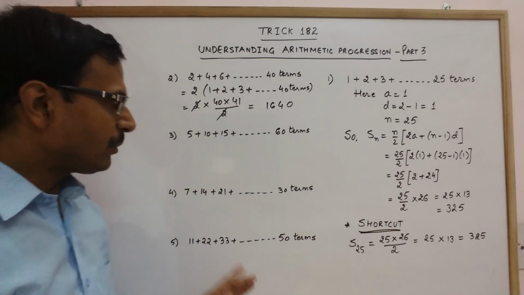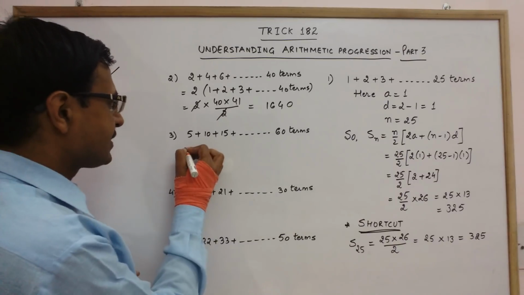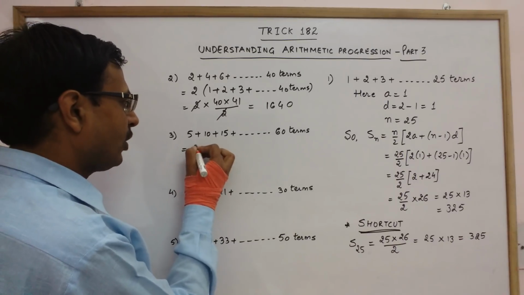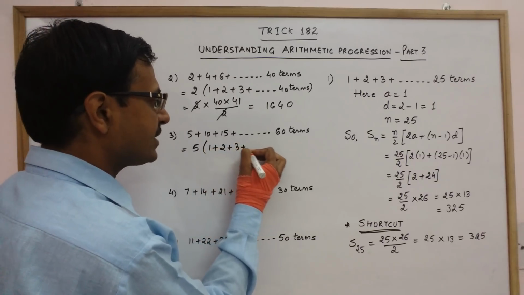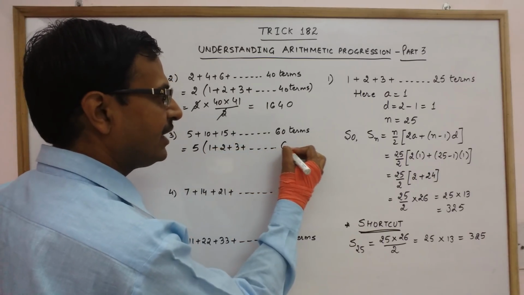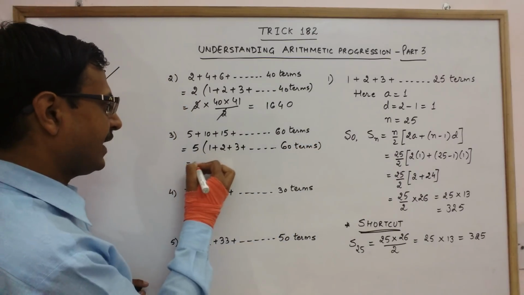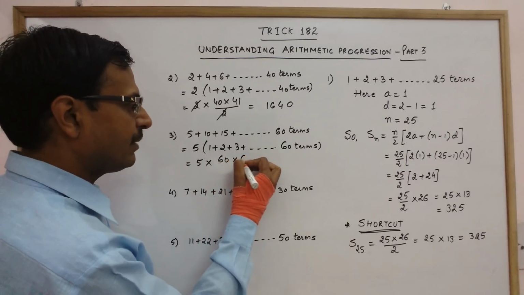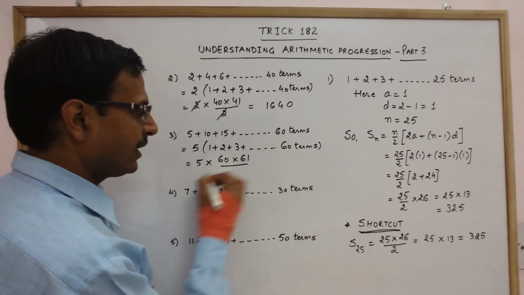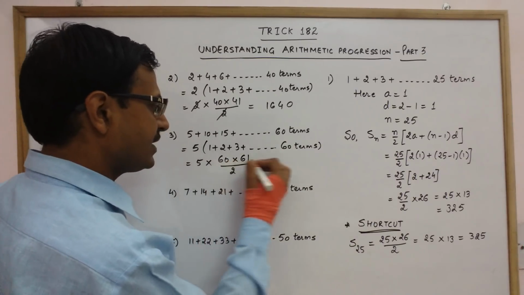Now similarly you can take multiples of 5, 7, 11. So let us demonstrate this. See, take 5 common, so you obtain the series of natural numbers again, and this time we need 60 terms. So when we need 60 terms, this 5 will be there. Just write 60 multiplied by its consecutive 61 and divide by 2. So this 2 cancels out with this.